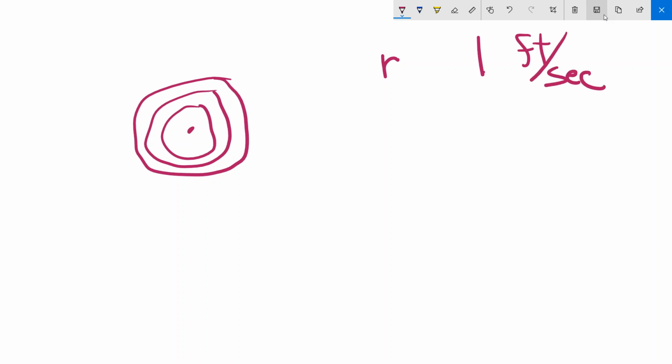So what is that? That's not r. In other words, it's a changing thing. It might be the radius at a point in time, but then the radius keeps getting bigger.